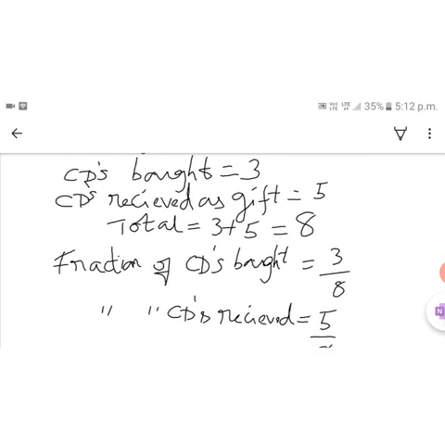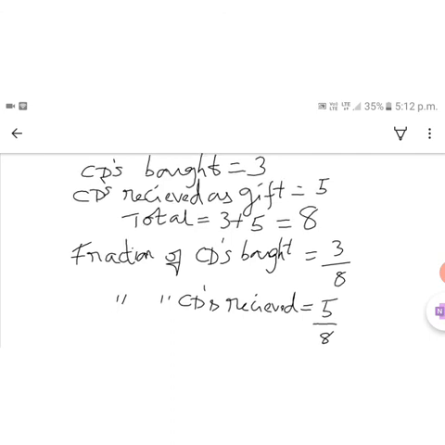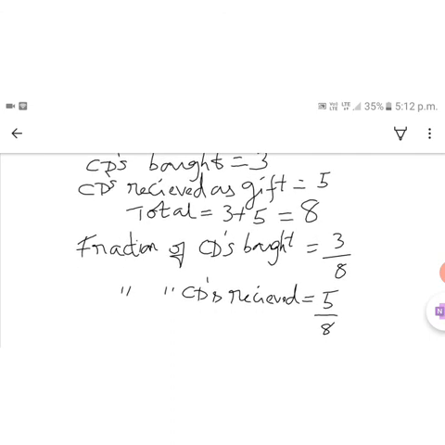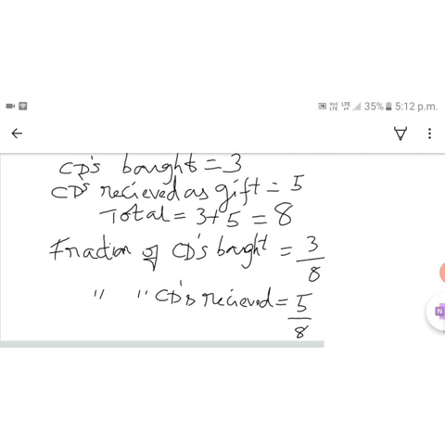CDs bought equal to 3, CDs received as gift equal to 5, total CDs equal to 3 plus 5, 8. Fraction of CDs bought equal to 3 by 8. Fraction of CDs received as gift equal to 5 by 8.